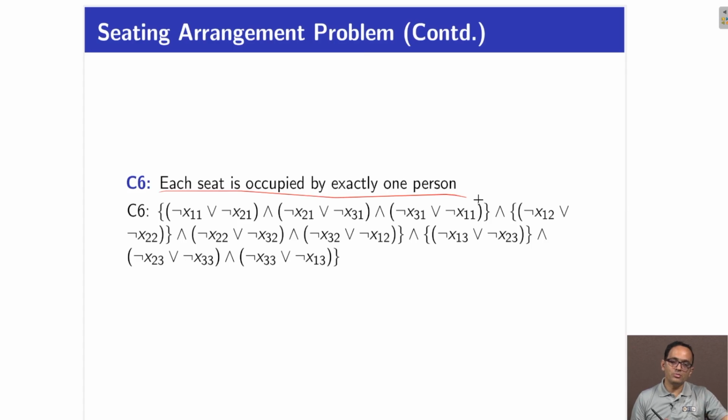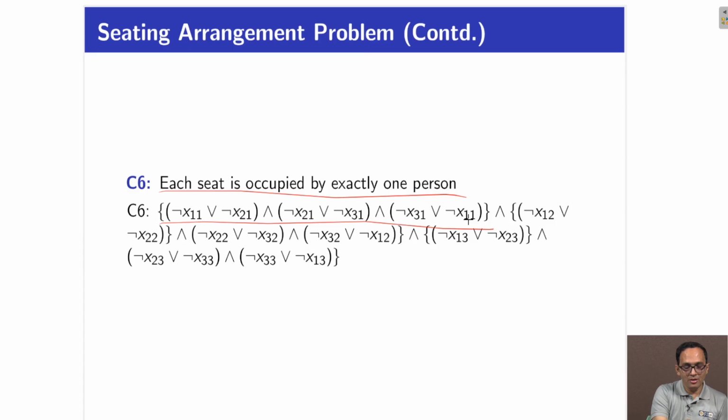Then also that is true, because everybody is sitting in one place, not two places. But I have to also ensure that one place is not occupied by two persons. So the same way I am doing it. Now I am varying the person but keeping the seat intact, right? So this is x11 or x21, x21 or x31, x31 or x11.